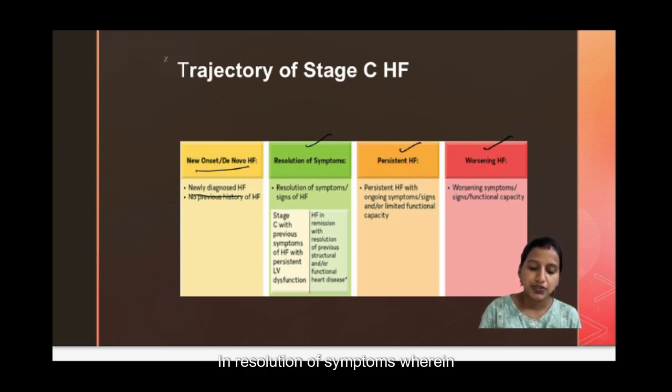In resolution of symptoms, there is resolution of signs and symptoms of heart failure, stage C with previous symptoms of heart failure, with persistent LV dysfunction. Persistent heart failure is with ongoing symptoms and signs and/or limited functional capacity. Worsening heart failure is worsening symptoms, signs and functional capacity.